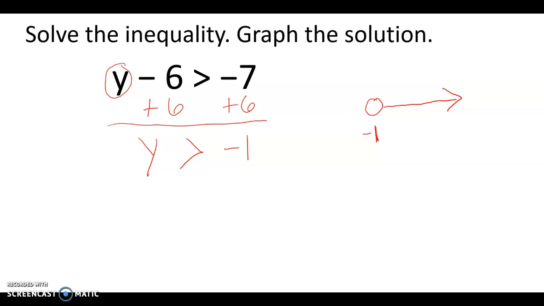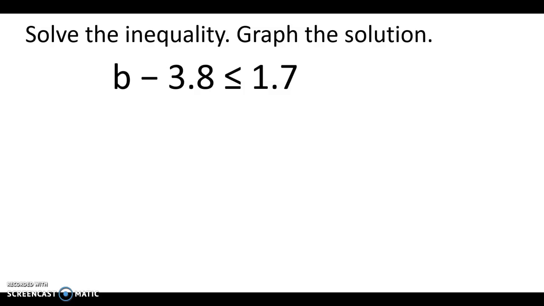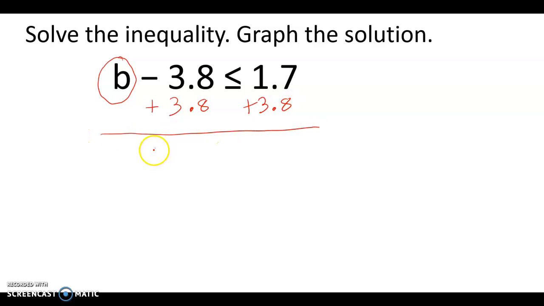All right, the next one. Variable term is b. We have to get rid of minus 3.8 by adding 3.8. So I add 3.8. The 3.8s cancel. Bring down your less than or equal to. And then you go 1.7 plus 3.8.